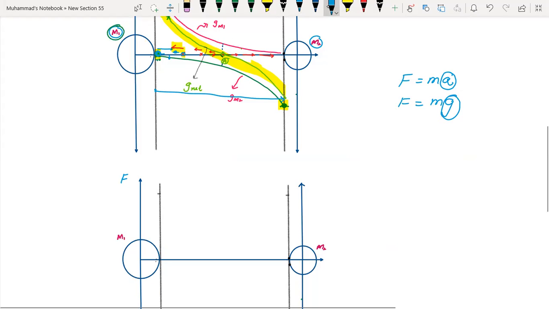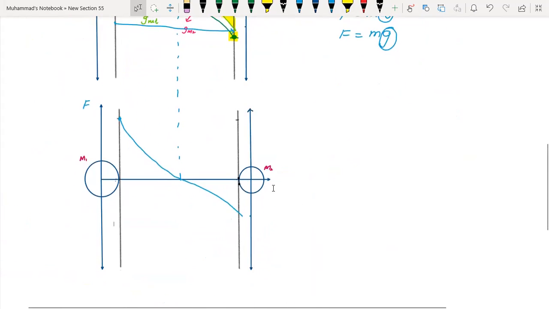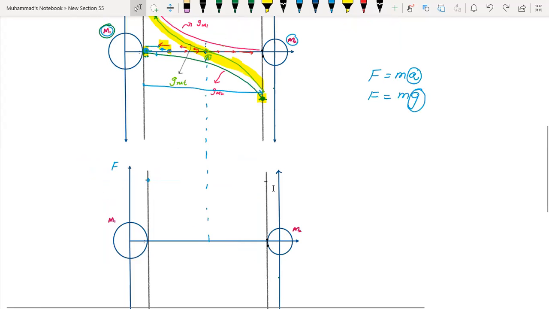So over here, the net force on that object will be maximum, and then that net force will decrease, it will become 0, and then the net force will increase in the other direction. This is a curve, this is not a straight line portion. Let me draw it again.